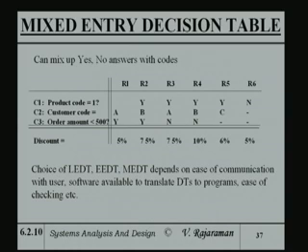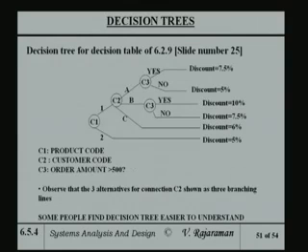It is a mixed entity decision table which I had, where the action was giving a discount, with product code 1 or 2, and there are 3 possible customers A, B, C, and order amount is the third one. So this is what I have converted to a tree. If product code is 2, then discount is 5%. I would urge you to go back and put that decision table in front of you and go through it.